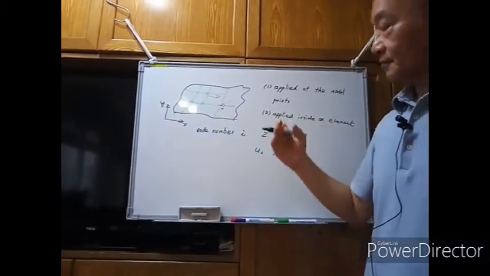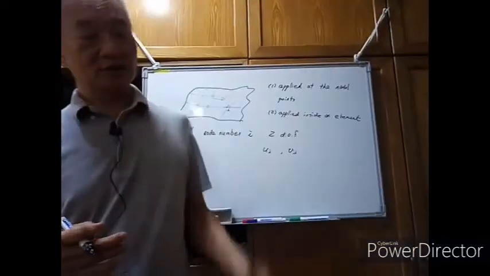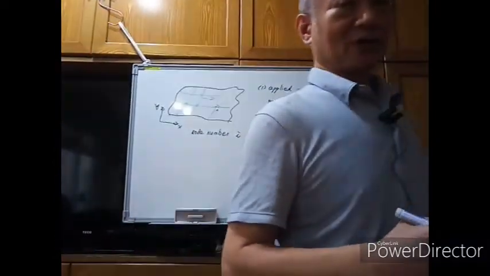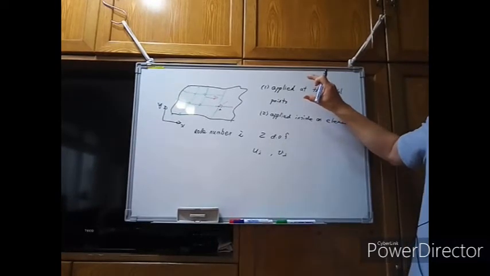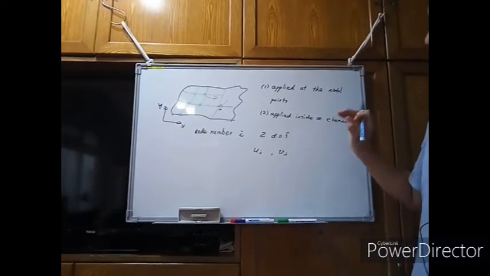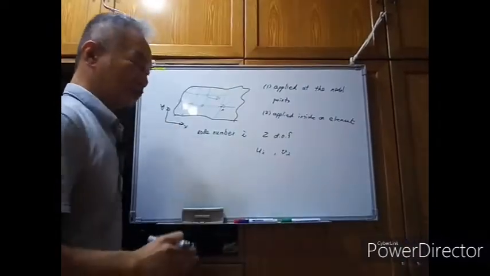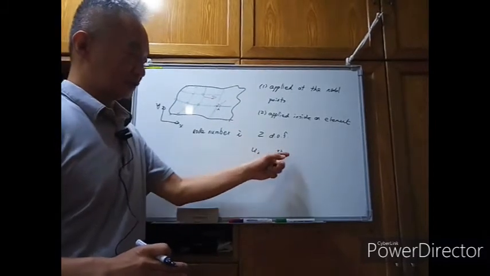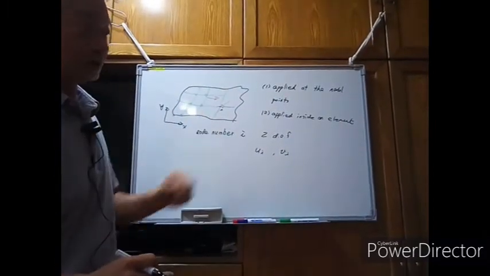So if you are the one who can determine all these, you need to understand which one can give you better solutions. Okay, since we have 2 degrees of freedom for each nodal point, one is the displacement along the X direction, the other is the displacement along the Y direction.